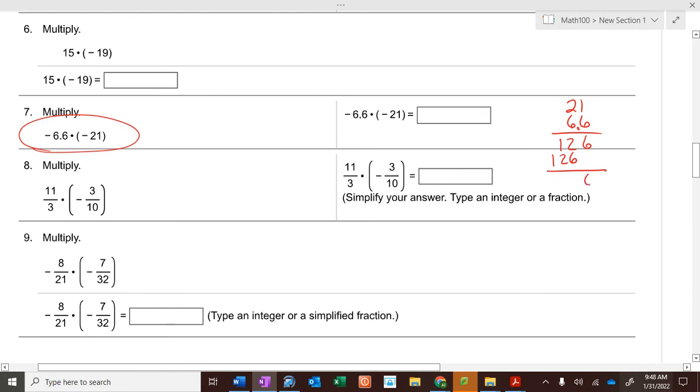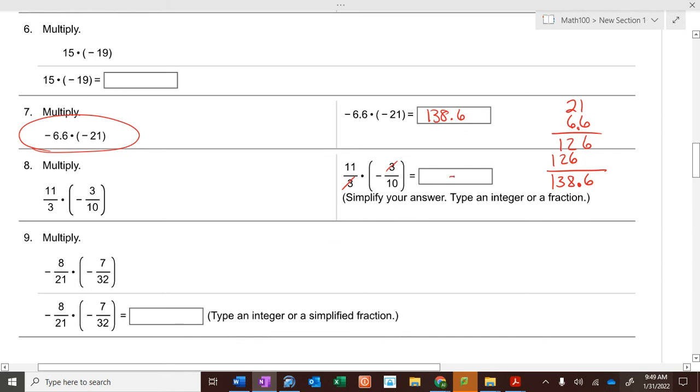Add, you get 6, 8, 3, 1. And since there's one decimal place up here, there's one decimal place down here. A negative times a negative is a positive, so it's a positive 138.6.